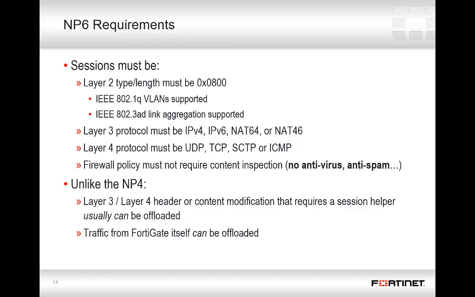IPv6 traffic, NAT64, NAT46, multicast, traffic generated locally, and usually traffic that requires a session helper due to NAT. However, sessions requiring UTM inspection such as antivirus still can't be offloaded to an NP6.